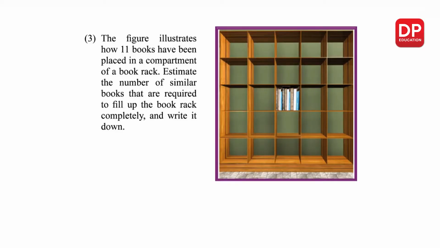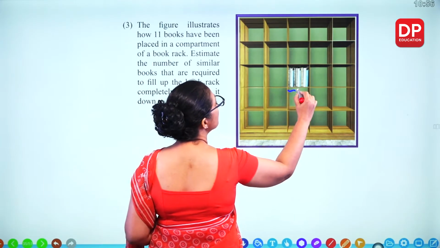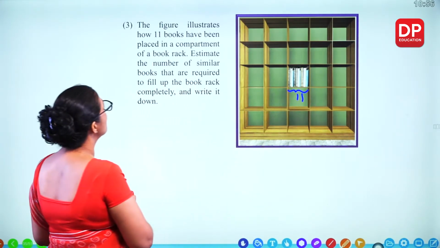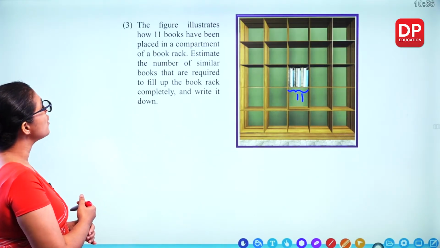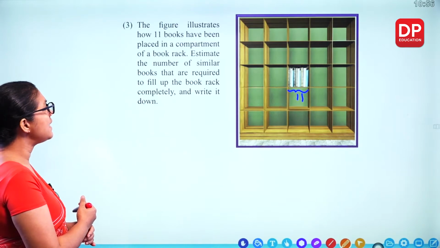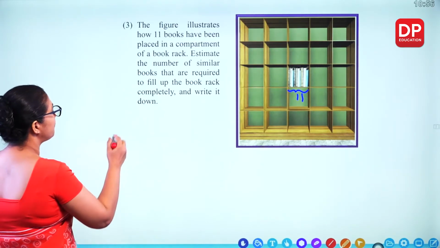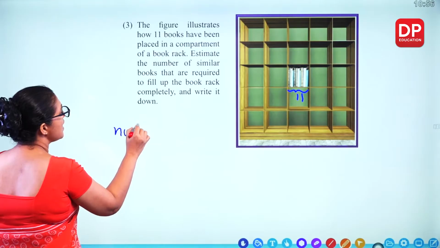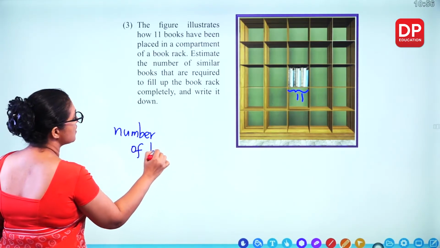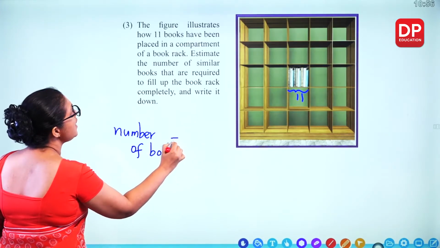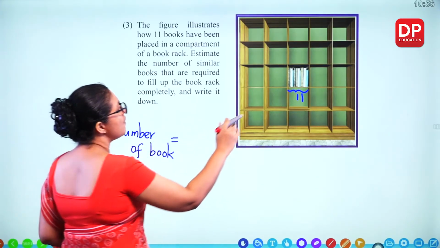Question number 3. The figure illustrates how 11 books have been placed in a compartment of a book rack. So this is 11 books. Estimate the number of similar books that are required to fill up the book rack completely and write it down. So how do we do that? These are estimates. Each compartment has 11 books.